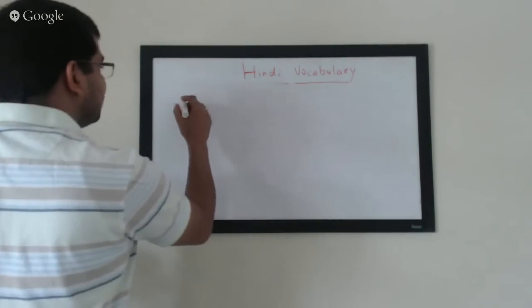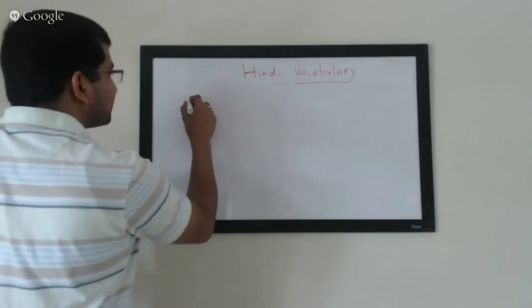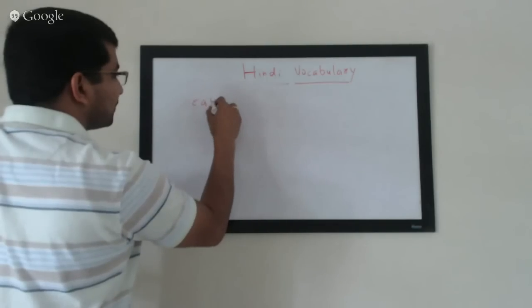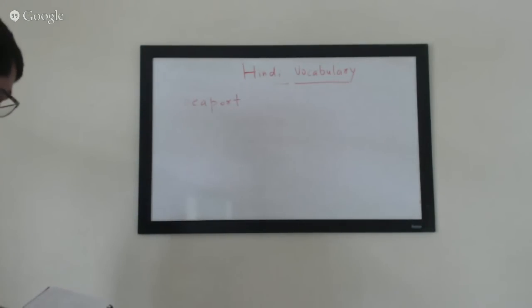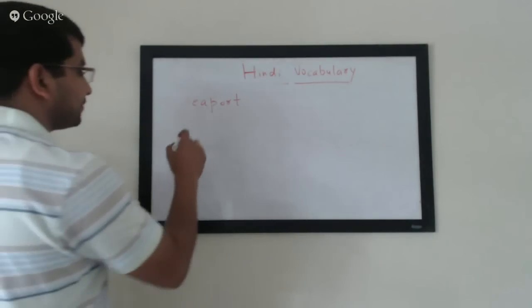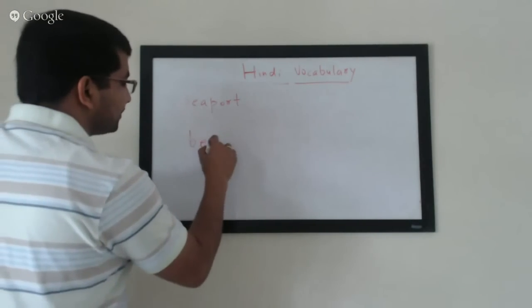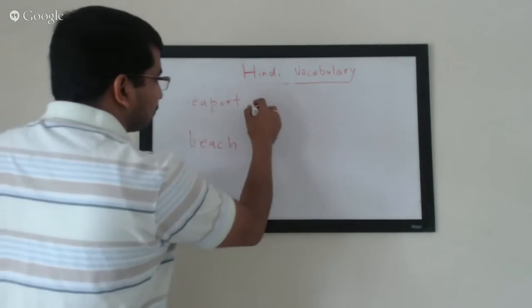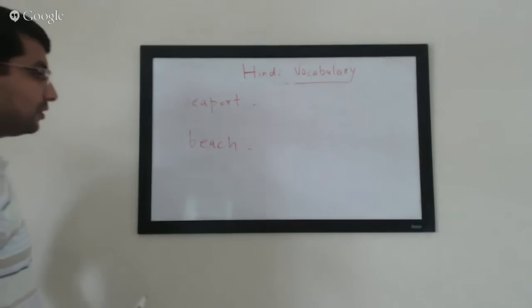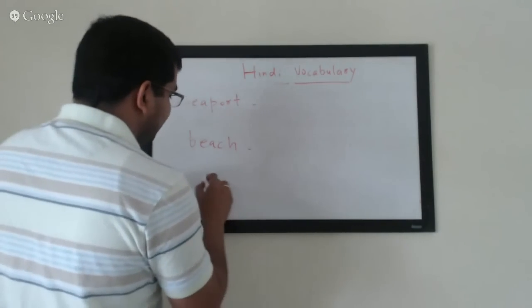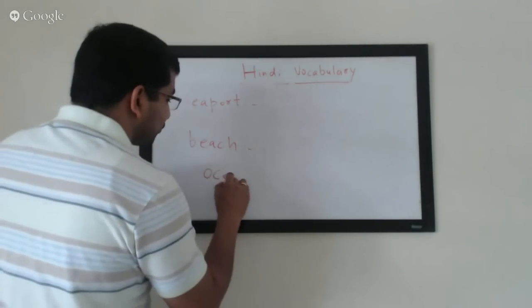Okay, so the two new keywords that I have are seaport and beach. Let's say if your city is facing the sea or close to the ocean, you can use these keywords as well. The Hindi word is coming from ocean.